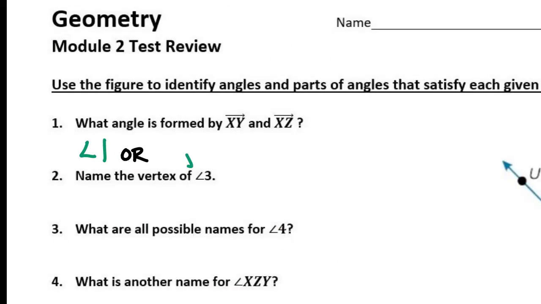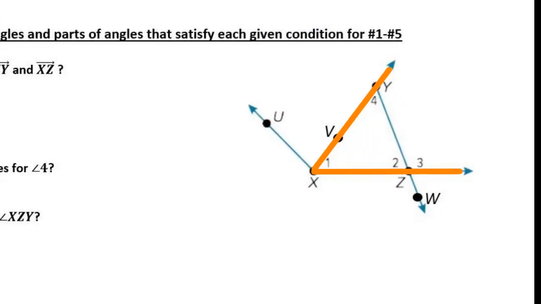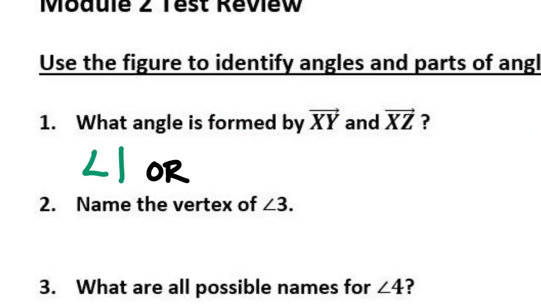If we're going to name an angle with 3 points, we need a point that is to the left or on one side of the vertex. Then we name our vertex, our turning point. And then we need a point on the other side of the vertex. ZXY would work.